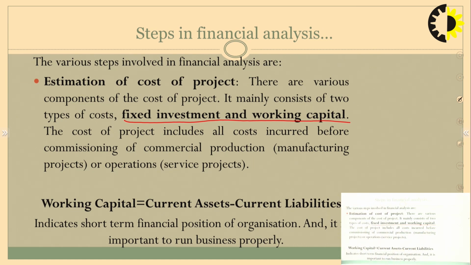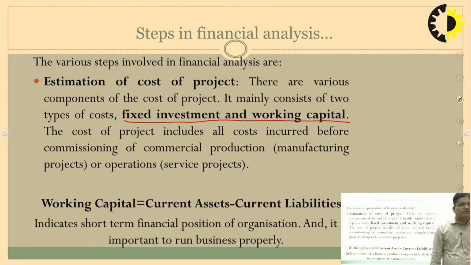The cost of the project includes all the cost incurred before commissioning of the commercial production, that is manufacturing, or operations, that is in case of service projects. So the whole cost is determined by summing up all the capital that we have invested before the commissioning of the project.